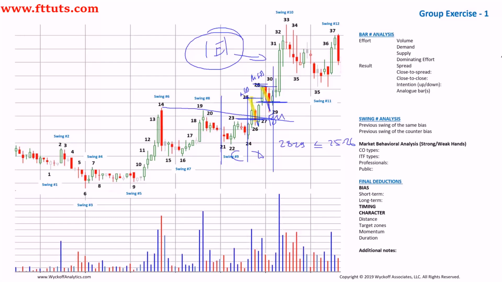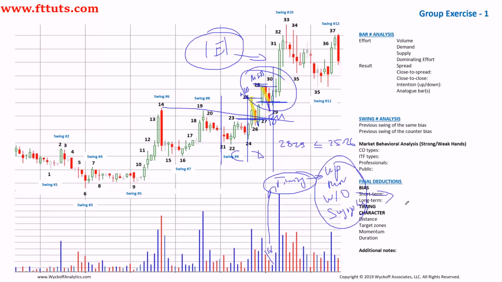And actually, the final absorption of the supply, and we see how supply has diminished, this suggests the timing by itself. Timing for what? Timing for an up move without a lot of supply. And if that's the case, then we could be expecting that the character with which the price is going to move, just because supply has been exhausted, is going to be acceleration.